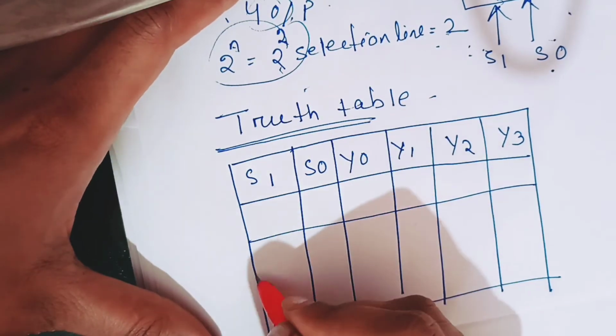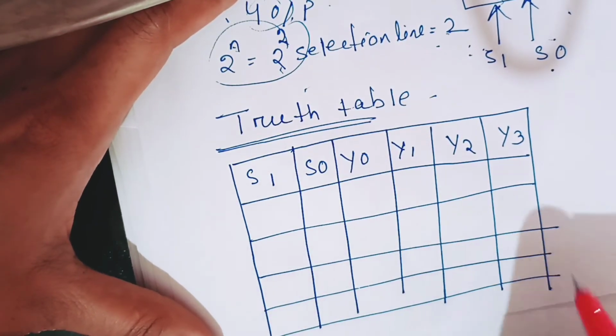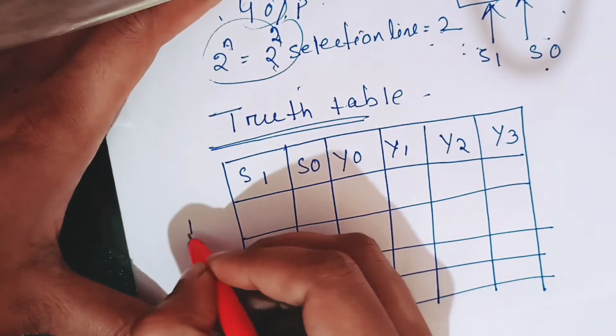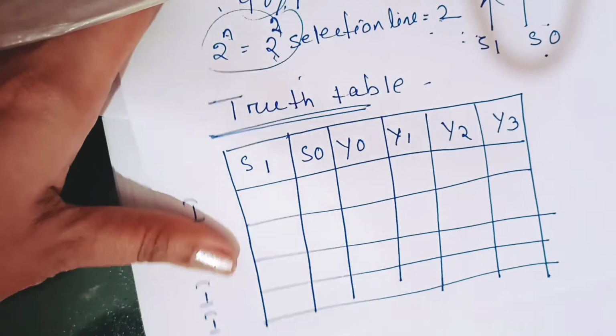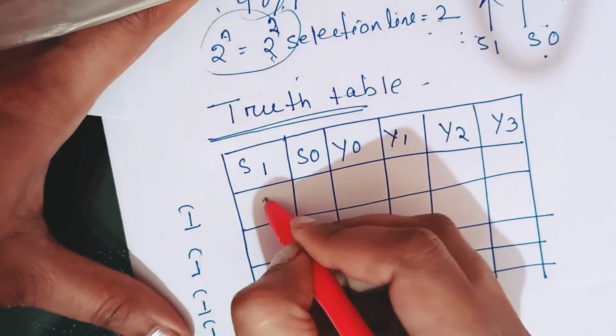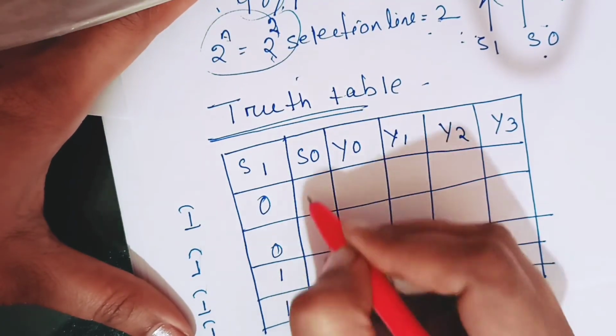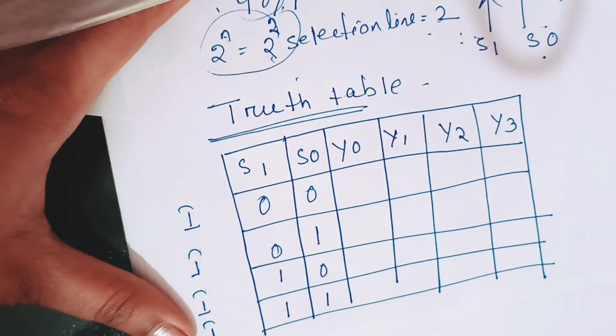Then I is present everywhere. In each and every condition, I is present as the input term. Then the select combinations are 00, 01, 10, 11.